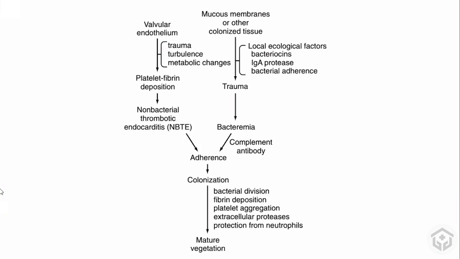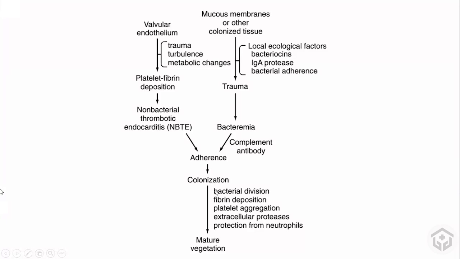So this non-bacterial thrombotic endocarditis will develop on the damaged surface. On the other hand, if there is damage produced by an organism, that organism will adhere to this non-bacterial thrombotic endocarditis and colonize that deposition.